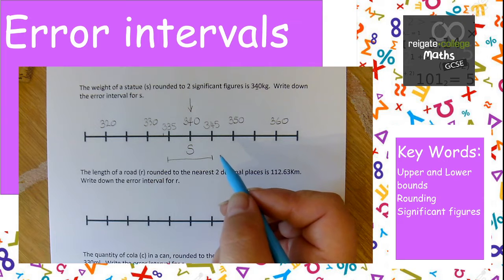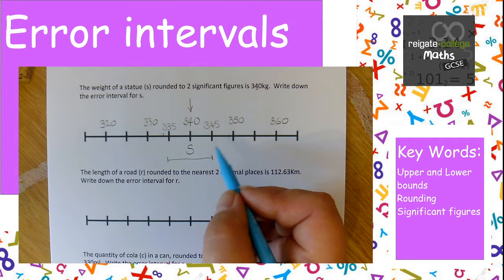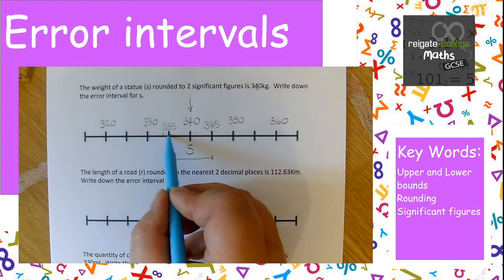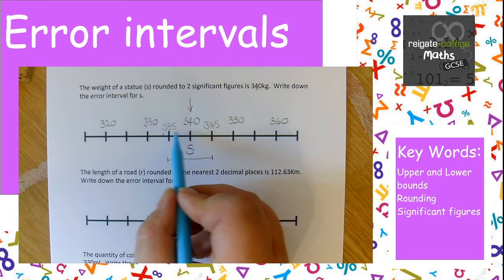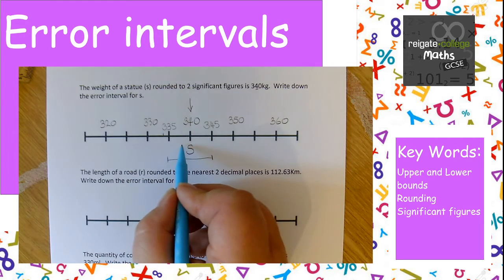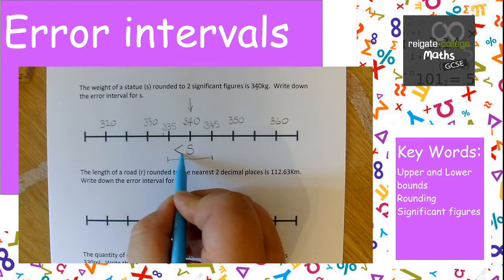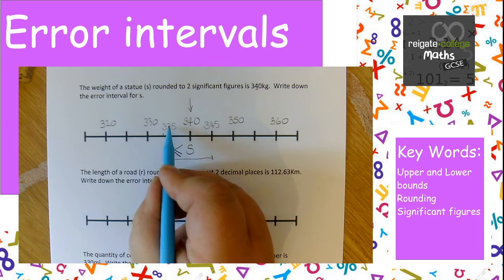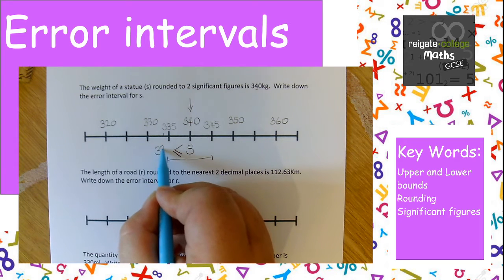We just have to work out how to write it. The rules of rounding say that when the figure reaches the 5, we round up. So our statue is going to weigh greater than or equal to 335.